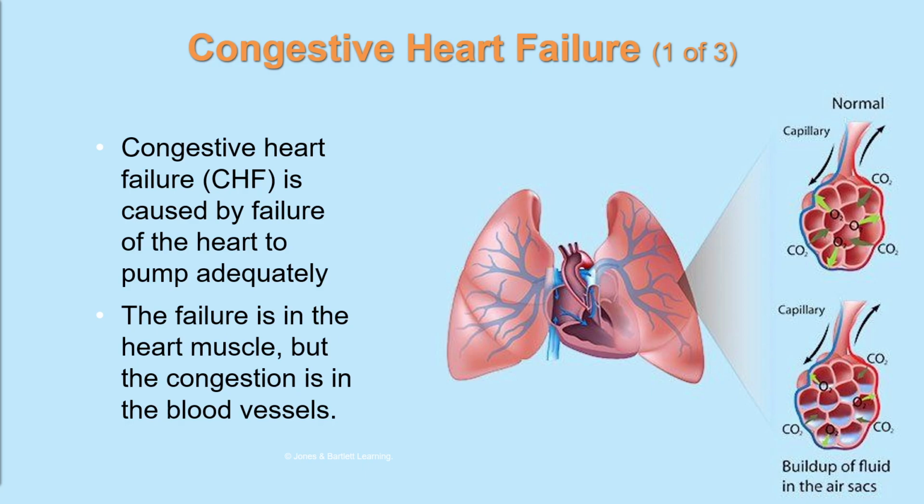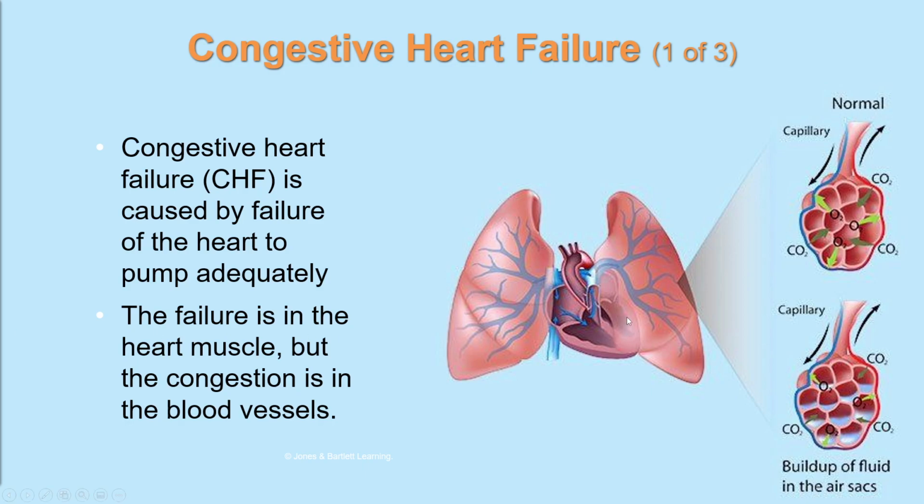If one side of the heart becomes weak and can't pump as well as the other side, then the circulatory system becomes unbalanced and results in what we call circulatory congestion, which means that the blood pools in places. In CHF, the failure is in the heart muscle, but the congestion is in other blood vessels.